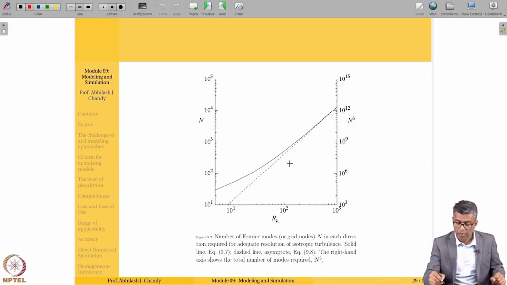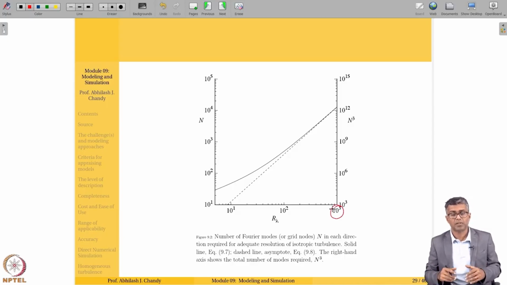So this gives you an idea. We are talking about 10 to the 12 points at an R lambda of 1000, which is a relatively high Reynolds number. But it is also a practical Reynolds number that is out there for different applications.